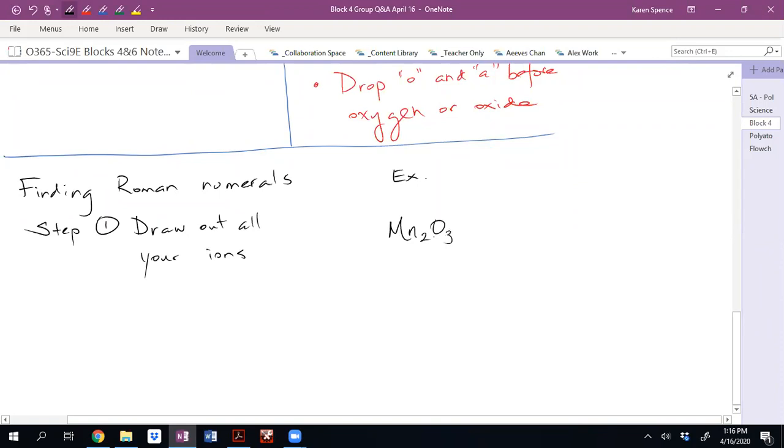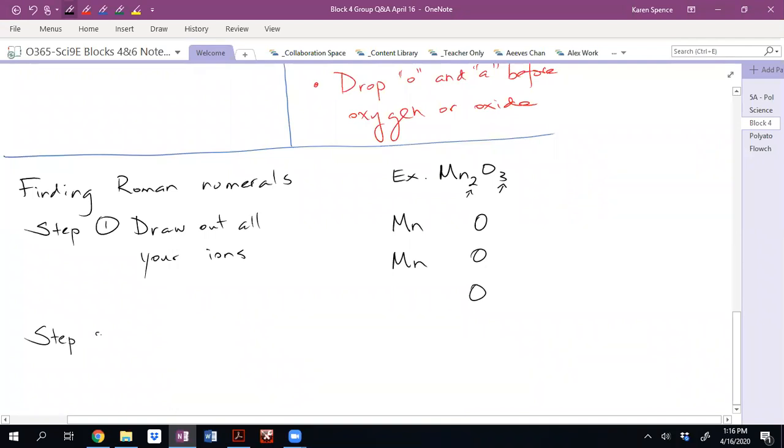And when we draw out all our ions, that would be 2 Mn's, Mn, Mn, and we have 3 oxygens, O, O, O. All right?